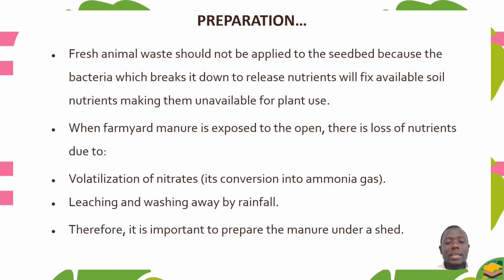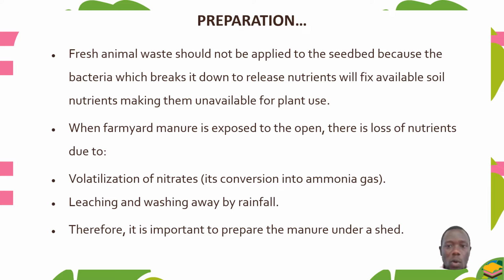When farmyard manure is exposed to openness, there is loss of nutrients. So when we are preparing organic manure, we are advised to prepare the manure under the shade. If the manure is exposed to openness, there will be loss of nutrients due to volatilization, changing of nutrients into ammonium gas, and also there will be leaching.